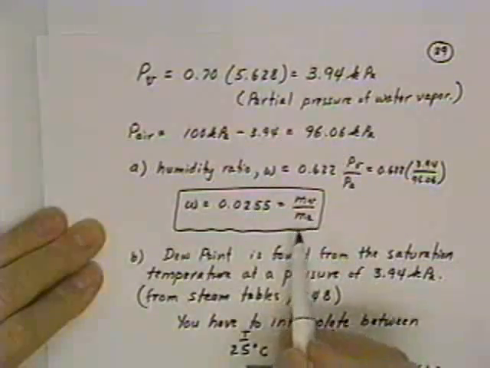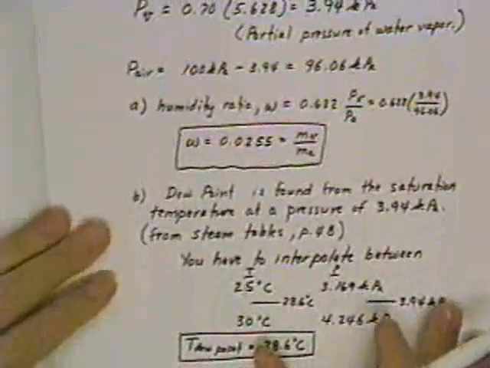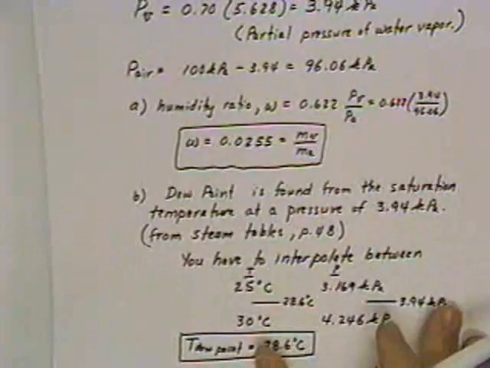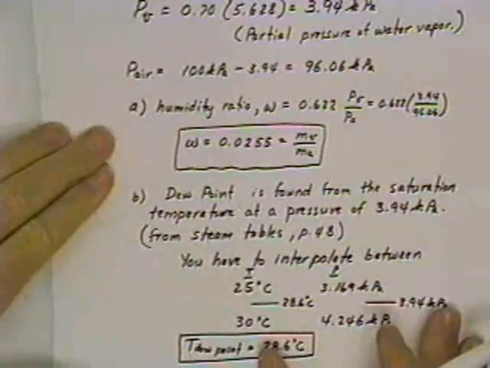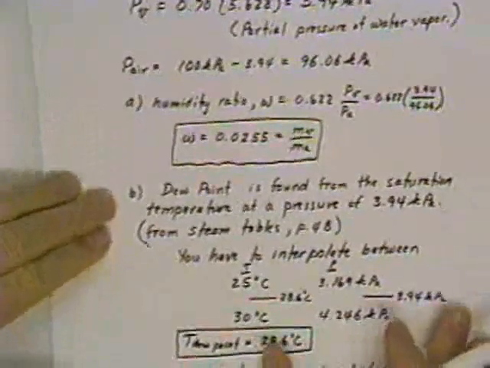That's the humidity ratio, the mass of vapor to the mass of the air. Okay, so that's all that is required looking up on the steam tables to the calculation here based on the definition of PV and PA, and all that's required to come up with the humidity ratio, which we came up with, this 0.0255 mass of the vapor divided by the mass of the air.